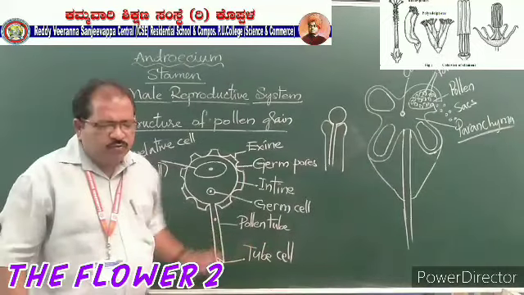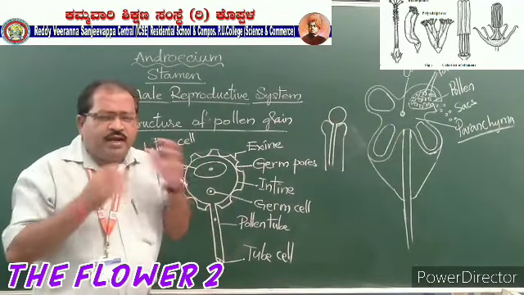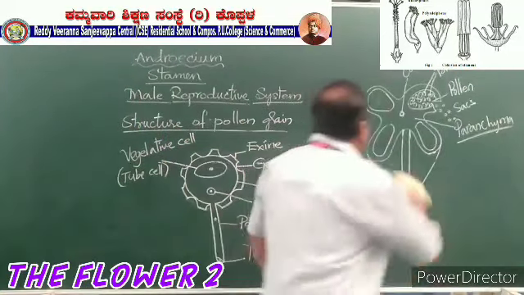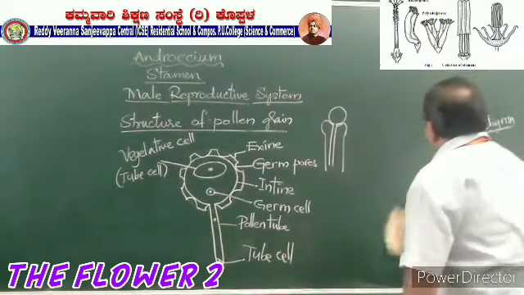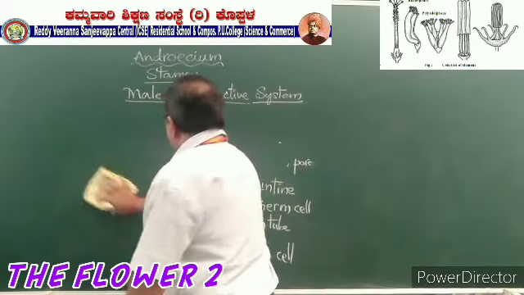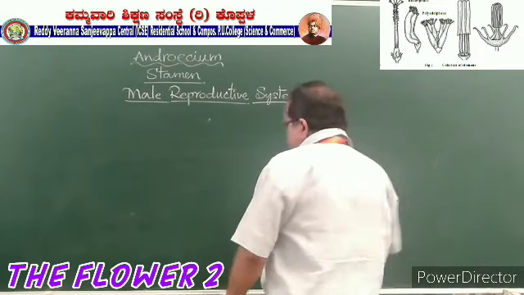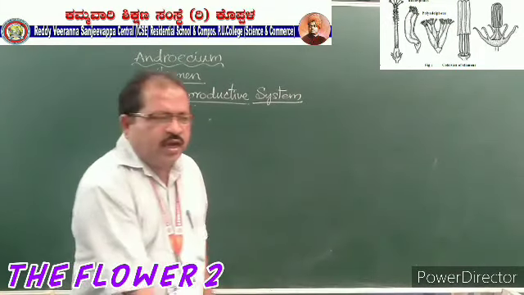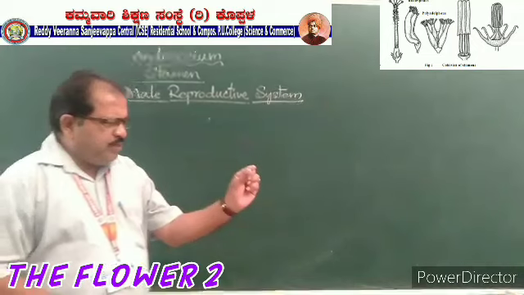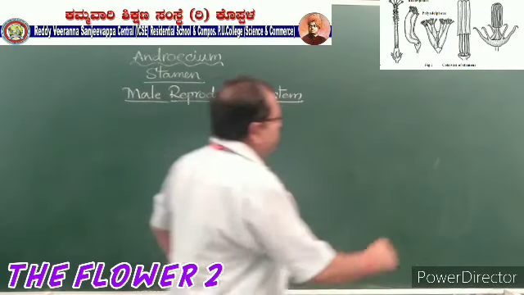Now we are going to discuss the various types of androecium, the stamens. As I told you, a stamen has a filament and an anther. Let me draw the filament and the anther here.